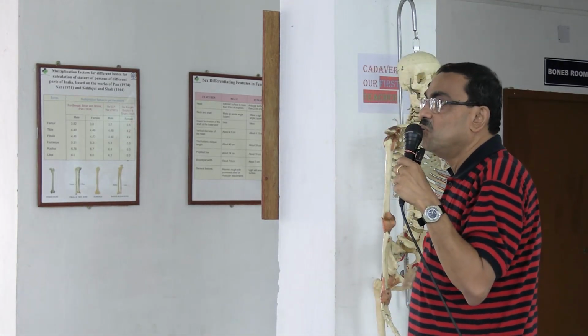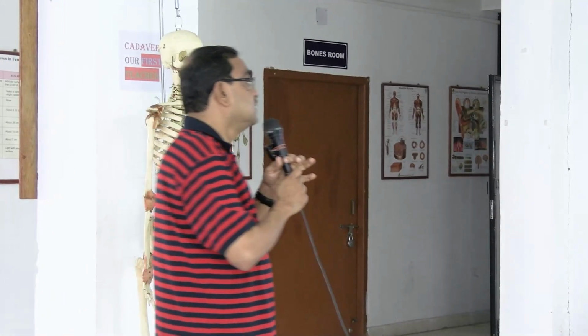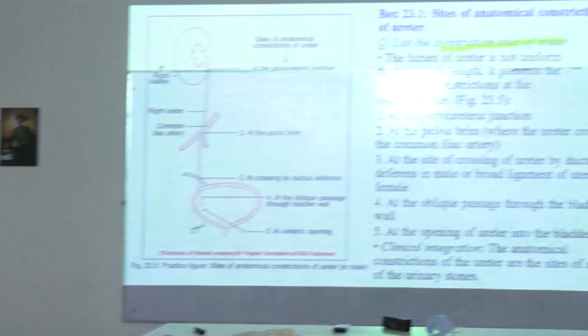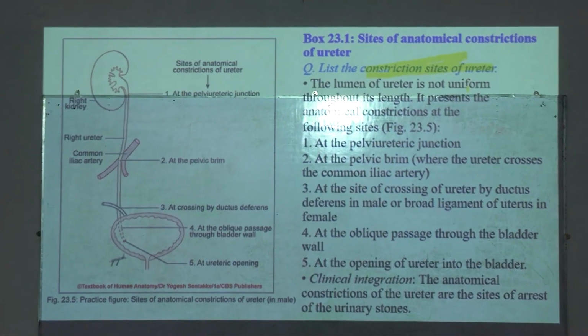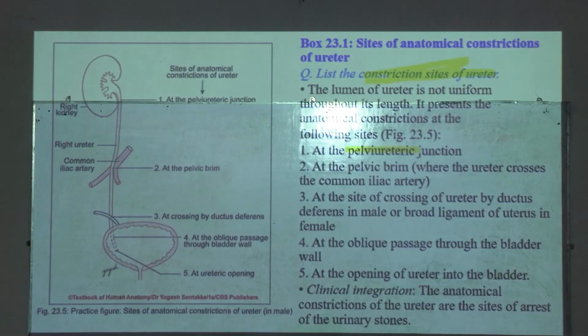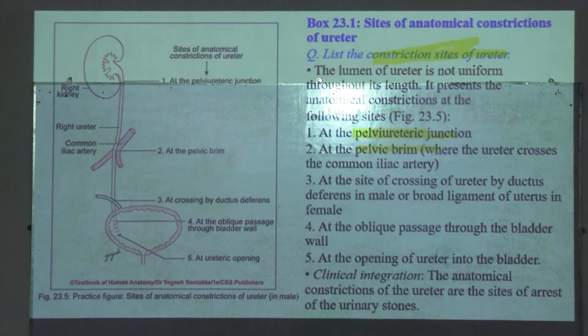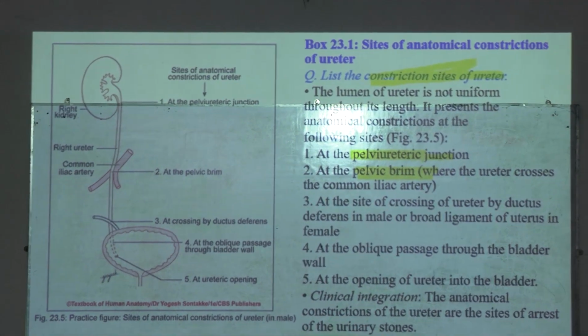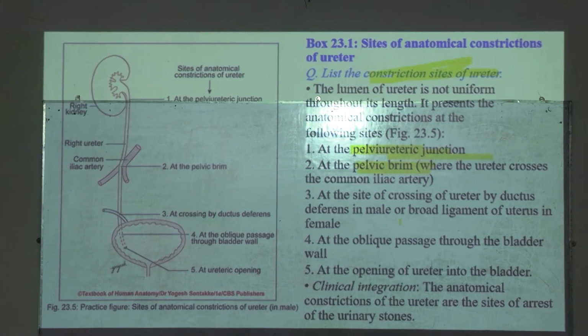Now, we can see there are some constrictions of the ureter. There are major 3 constrictions of the ureter. One is at the beginning, that is at the pelviureteric junction. This is the first constriction.